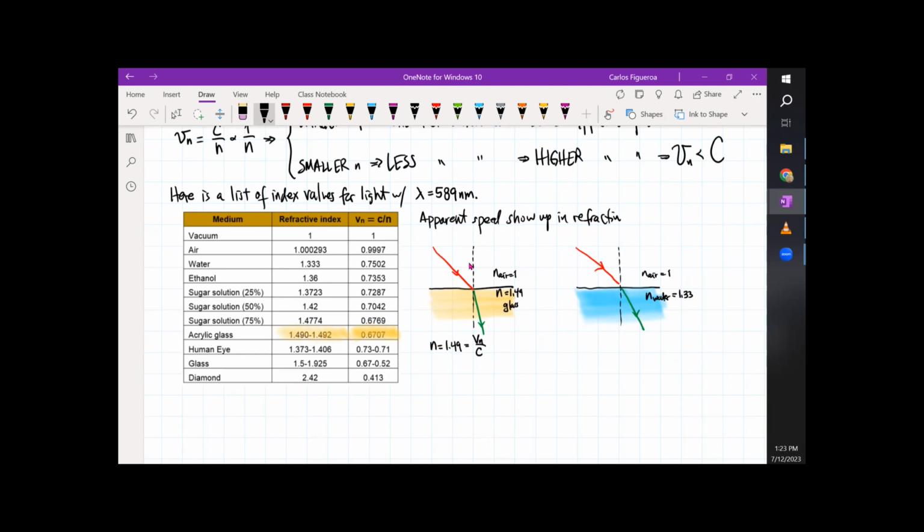And that number, wait, let me make sure here. I have this reversed. So for n equal to 1.49, that tells me the apparent speed of light compared to that in vacuum, I get a value of 0.67. So that means it's 67%.